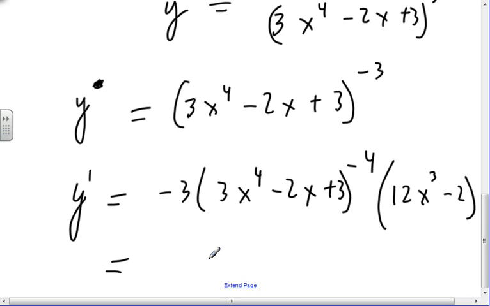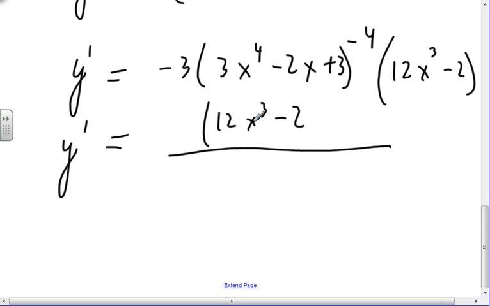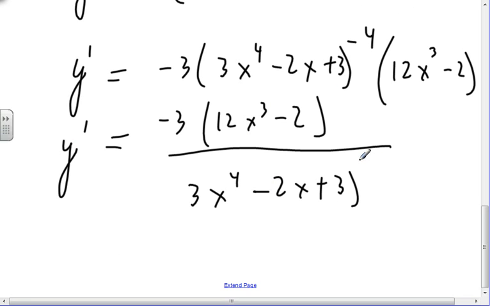And then I might rewrite that because I have a negative exponent: 12x cubed minus 2 times minus 3 divided by 3x to the 4th minus 2x plus 3 to the 4th power. Okay, and I might even more, I probably wouldn't. I might factor out a 2 out of there, but that looks like too much work.